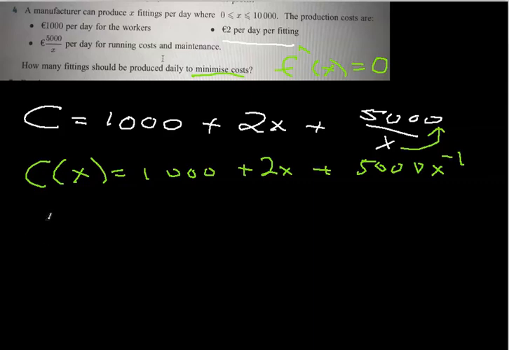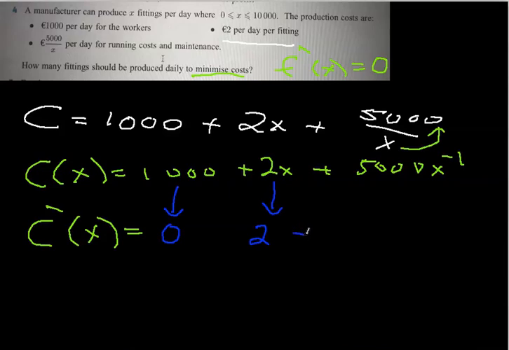So now we want to find c prime, which is the derivative of this cost function with respect to x. So 1,000 goes to 0, because if you differentiate a constant, you get 0. If you differentiate 2x, you should just get 2.